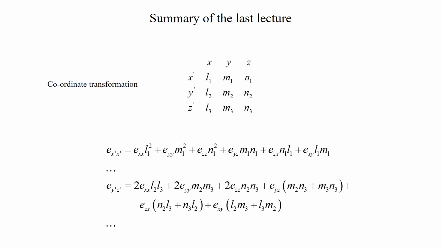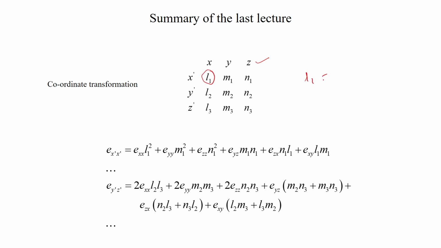We also discussed how to express these strains with respect to a different axis. For example, the strains are defined with respect to the x, y and z axes, and let us say we now want to define them in terms of the x dash, y dash and z dash axes, where x dash has a direction cosine of L1 with respect to x.